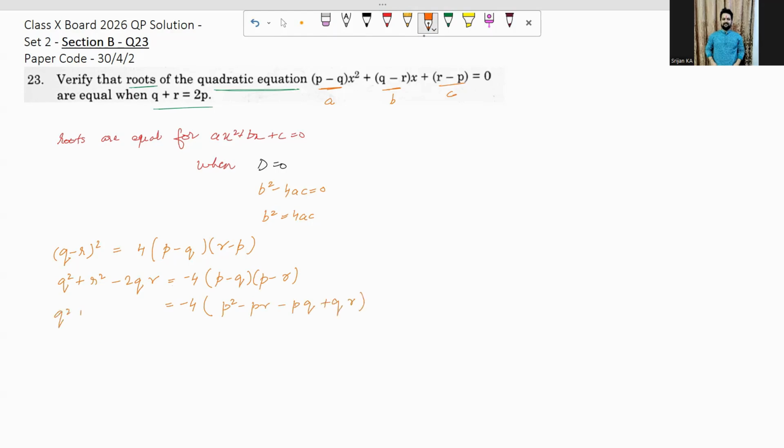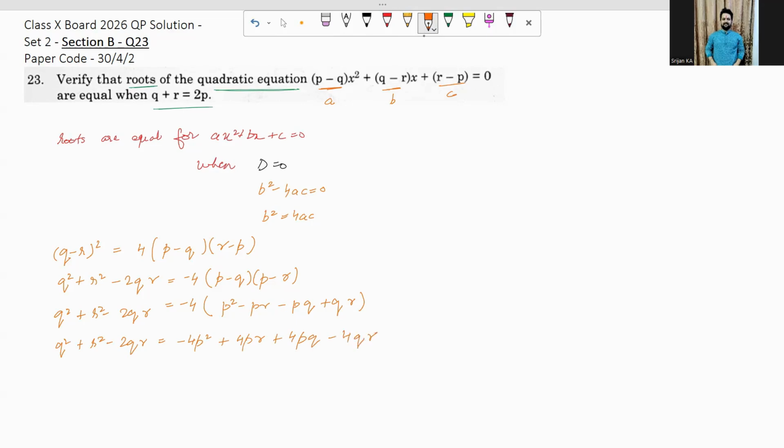And this is what it was, q squared plus r squared minus 2qr. Now, we just open the bracket. So that will give you q squared plus r squared minus 2qr is equal to minus 4p squared plus 4pr plus 4pq and minus 4qr.